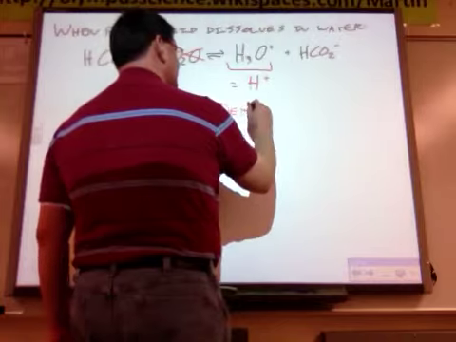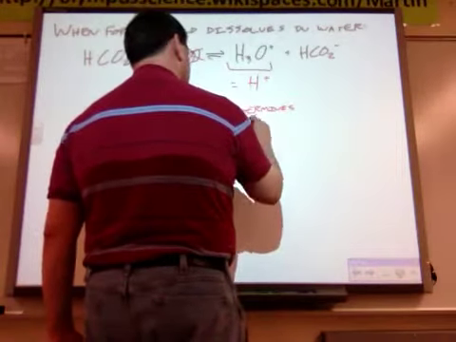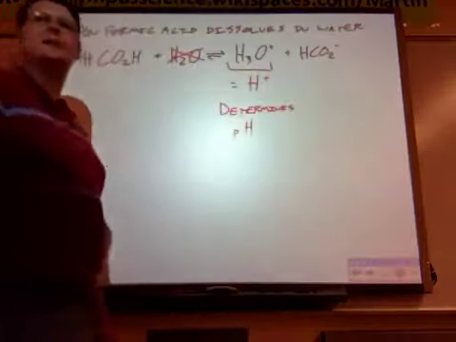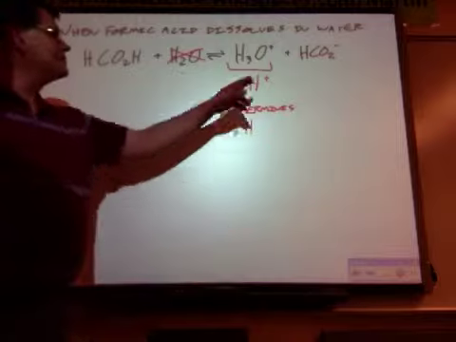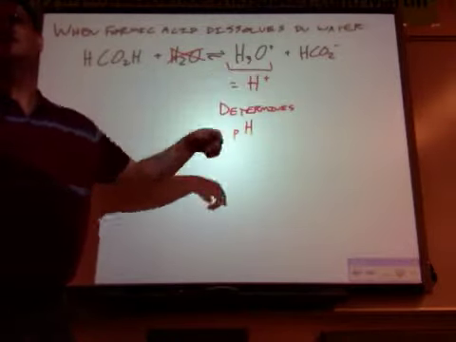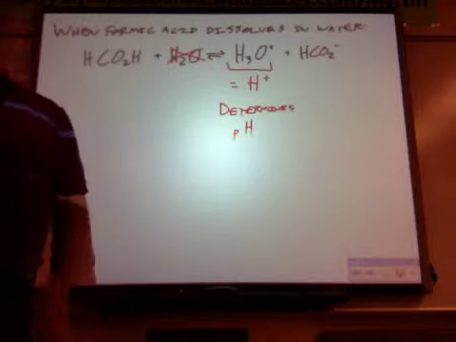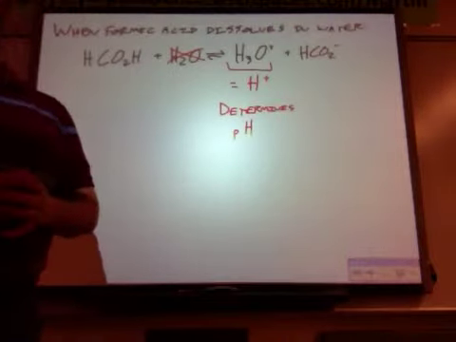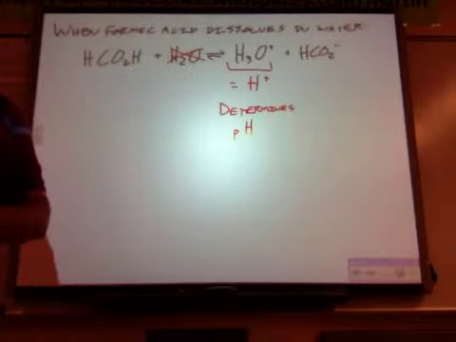This is going to determine pH. As we are doing our calculations, we'd better make certain that this is represented someplace. If we don't know how much of that there is, there just simply isn't any way that we can determine what the pH is. That's a vital, essential piece of information we've got to have.